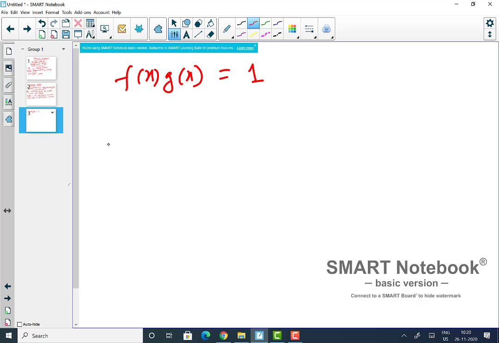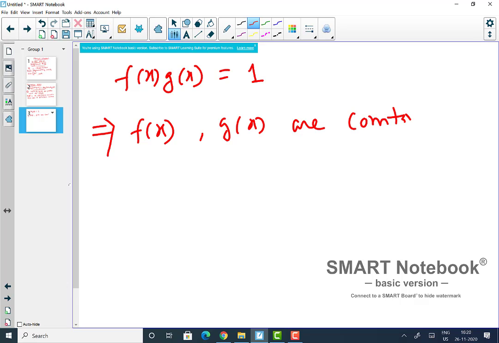Okay, and this will force both f(x) and g(x) to be constant. Remember one thing, these are polynomials, right?